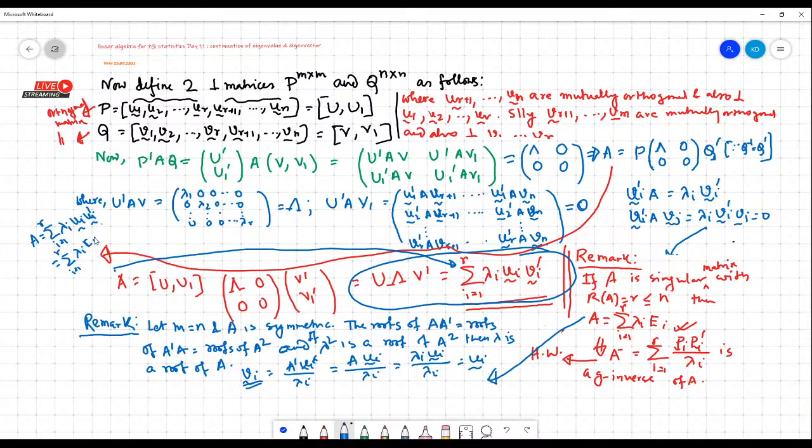We denote the matrix Ui curl Ui curl prime by Ei curl. So using this we get A equal to this. Clear? So this is nothing but the ordinary spectral decomposition. So singular value decomposition converts to ordinary spectral decomposition when A is a symmetric matrix.